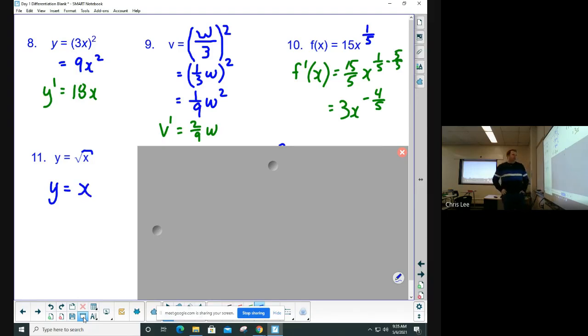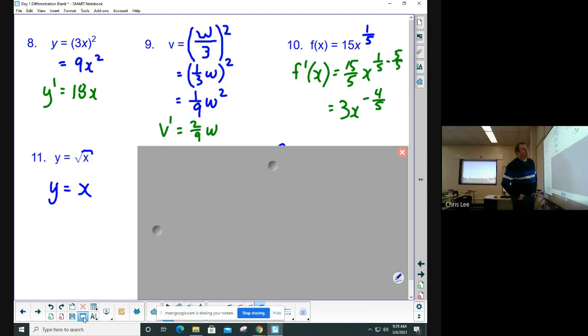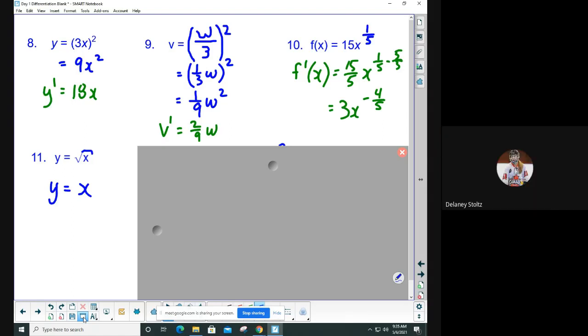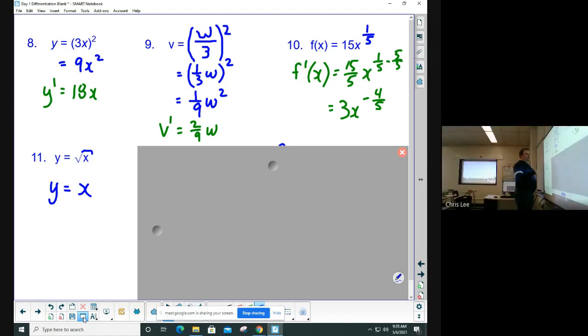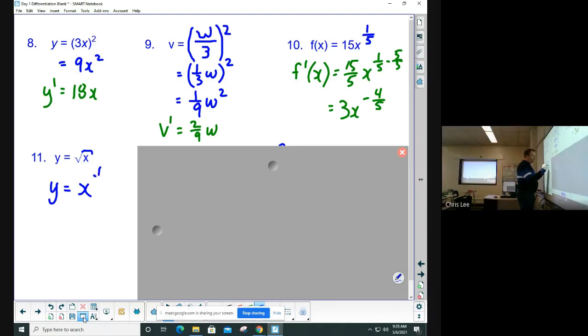The square root of x changes to what exponent? A half, that's right. Okay, so let's remind ourselves of that. Remember, the square root turns into a half.